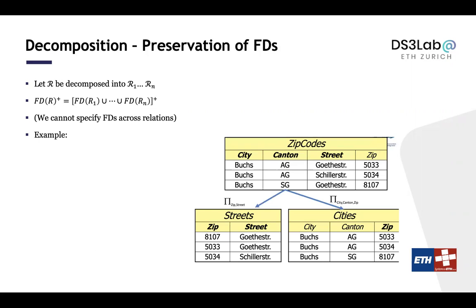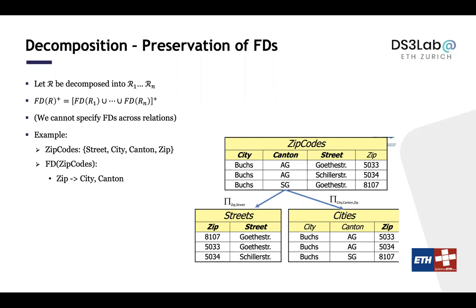So let's look at one example. Assuming you have one relation zip code that contains city, content, street, and zip code, and then you decompose it into one relation that contains information about zip code and street, and another relation that contains information of city, content, and zip code. So what are the functional dependencies you have?